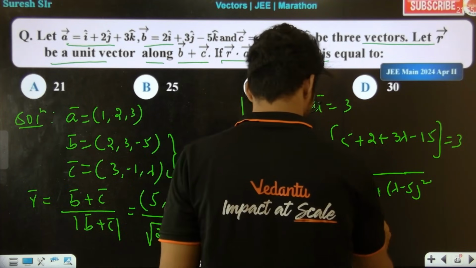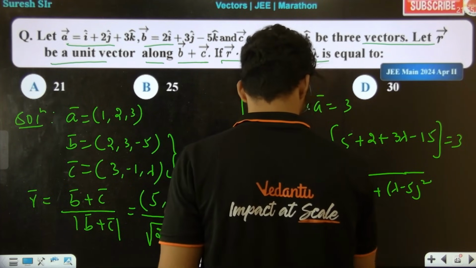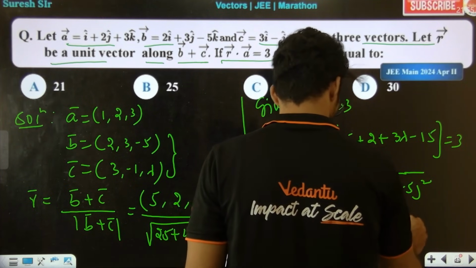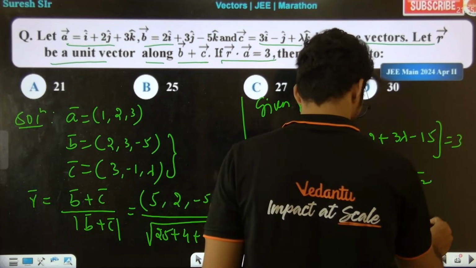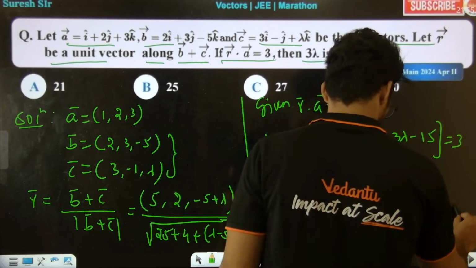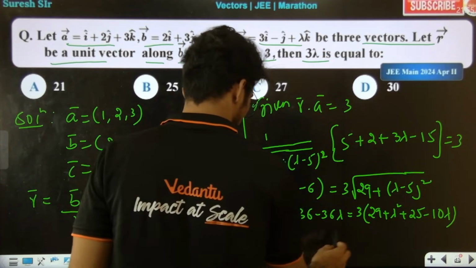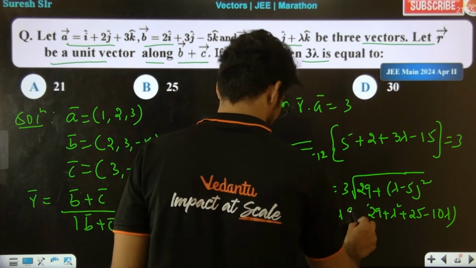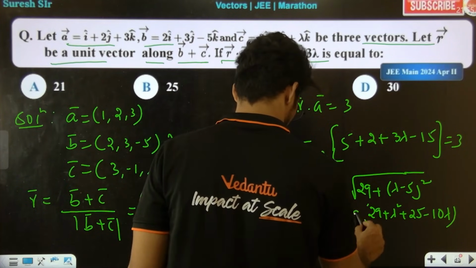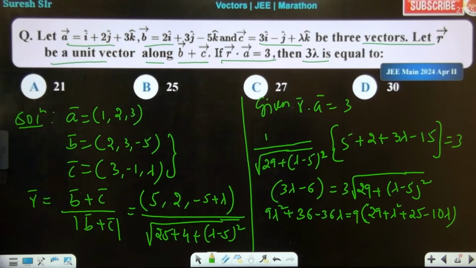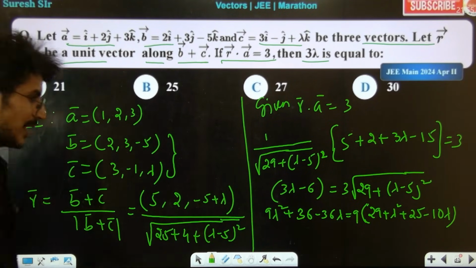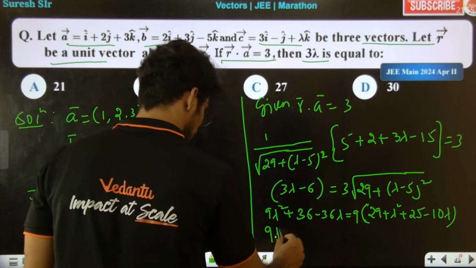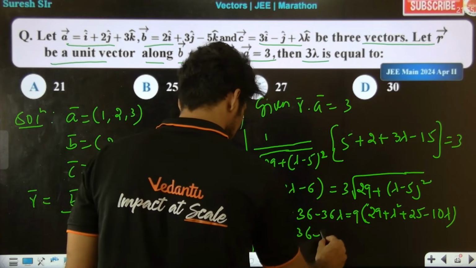On the right, 3 times 29 plus a square plus b square minus 10 lambda. Squaring on both sides, the 3 becomes 9. So 29 into 9 is 261. Here, 9 lambda square plus 36.